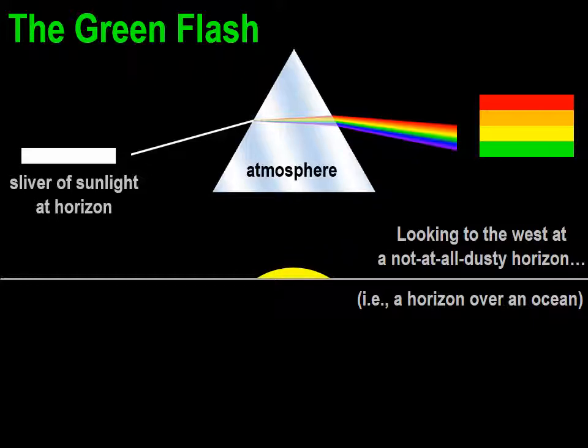And when these other wavelengths, the red, orange, and yellow, are not refracted enough, they go over your head. The only wavelengths that will get to your eyes are these green ones. And for a very short time, that little sliver of sunlight looks green. And that is what's called the green flash.